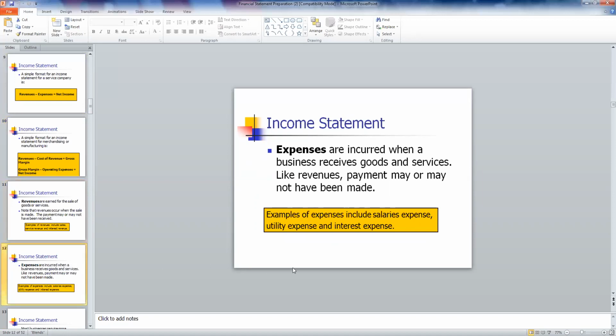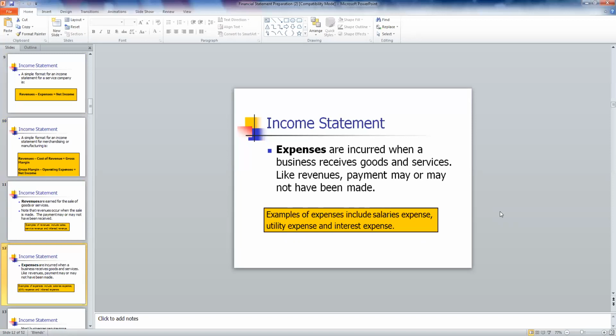So expenses are incurred when the business either receives goods or services, and payment has not necessarily been made. So I incur utilities, I incur rent, I hire people to work for me.